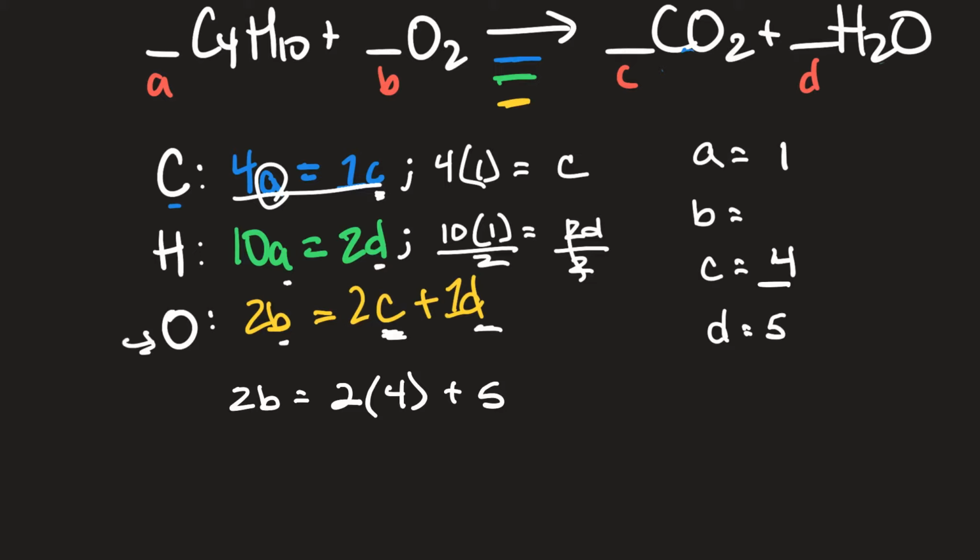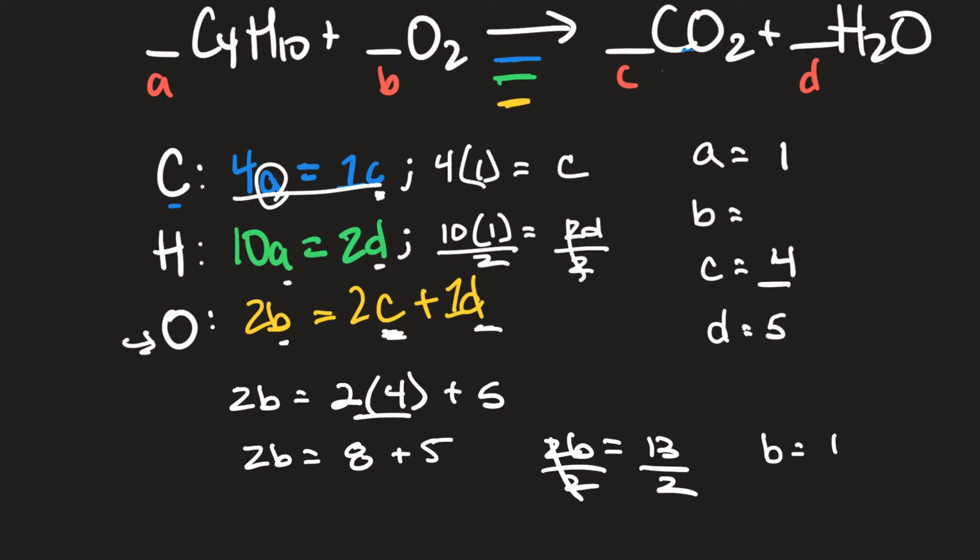So 2B is equal to 4 times 2, which is 8, plus 5. 8 plus 5 is 13. So we divide the 2 out, and we know that B is equal to 13 over 2. I typically like to keep things in fractions because it's just easier for me. 13 over 2.